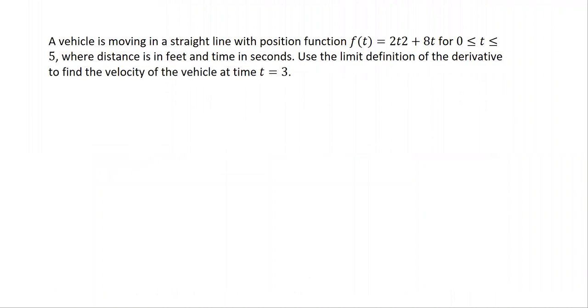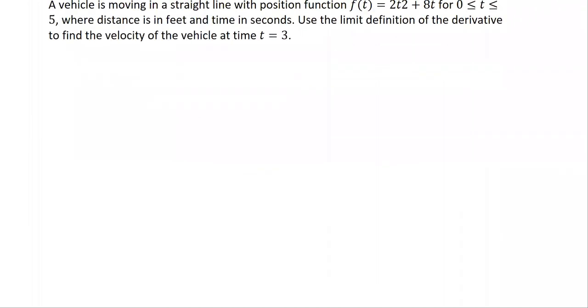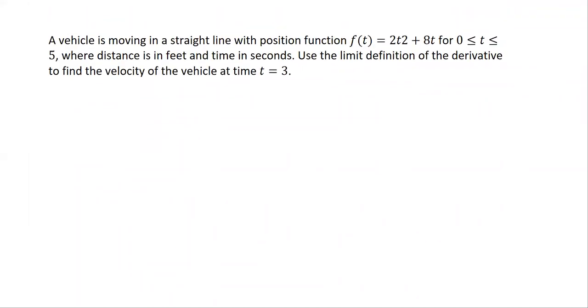A vehicle is moving in a straight line with position function f of t equals 2t squared plus 8t, for 0 less than or equal to t less than or equal to 5, where distance is in feet and time in seconds.